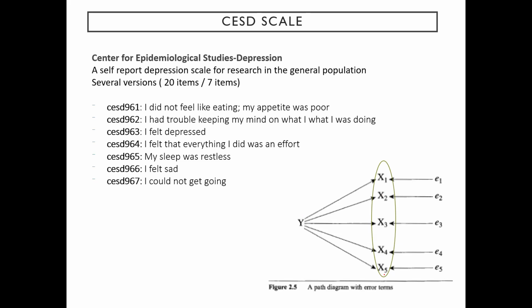And one of the assumptions in any scale is basically that the shared variance, whatever makes these items move together, is just my construct, or here, for example, depression or self-esteem.